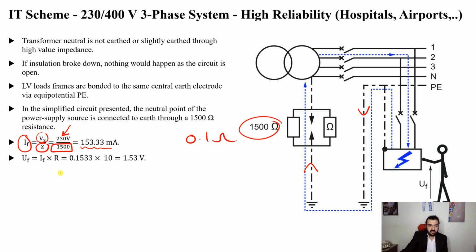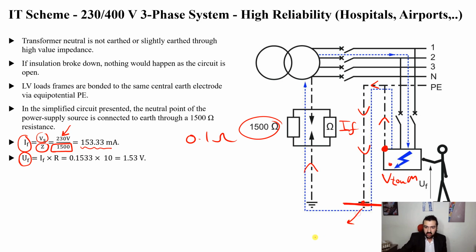Okay, so what is the value of the fault voltage? Specifically here, V touch will be the current flowing like this compared to the ground. So the voltage between this point and the ground will be I fault multiplied by the impedance of this path.